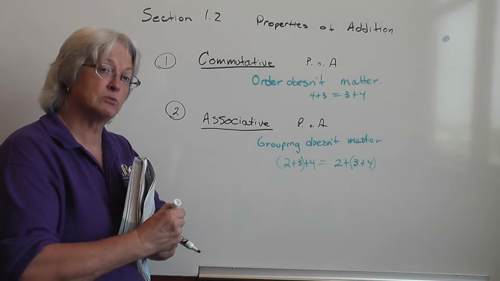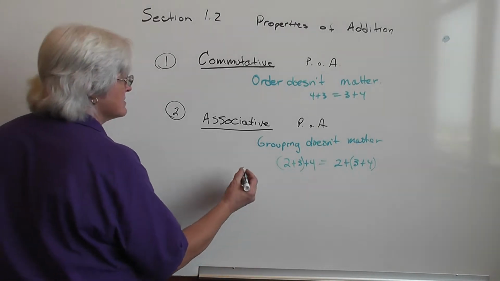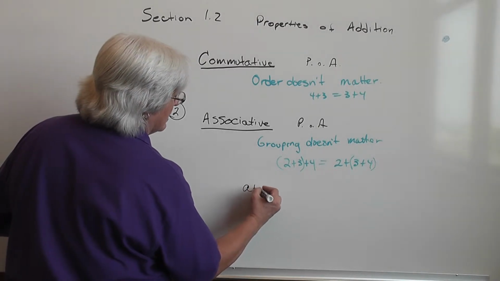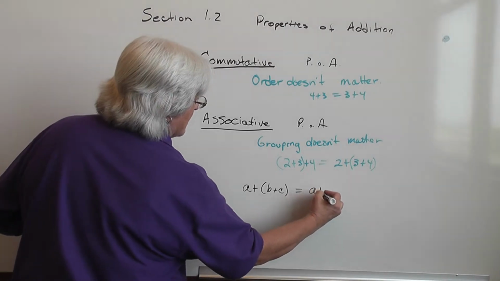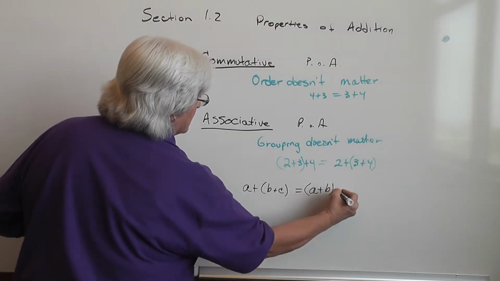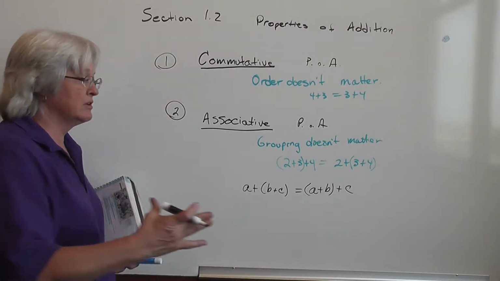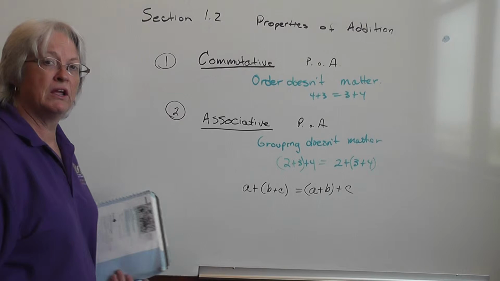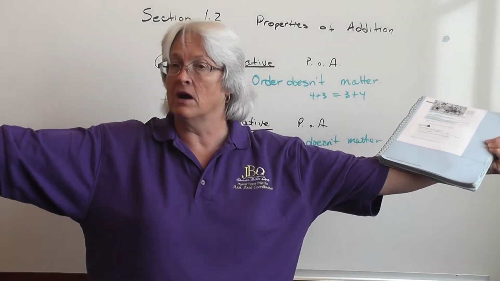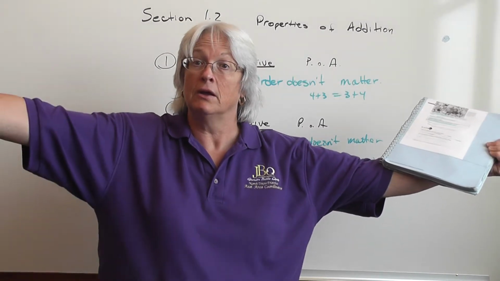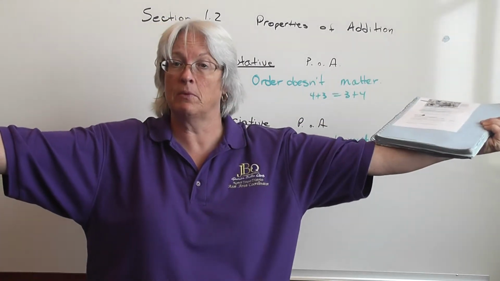Now they also have an algebra speak for this. It's going to say for all whole numbers a, b, and c, a plus the quantity b plus c is the same as the quantity a plus b, plus c. And this is also commutative because I have this equal sign. What you have when you've got an equal sign, it's like a balanced seesaw. If you've got somebody over here on this side that weighs 80 pounds and somebody over here that weighs 80 pounds, it's balanced.